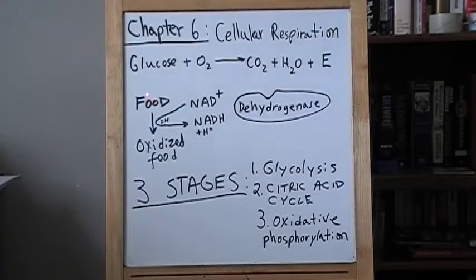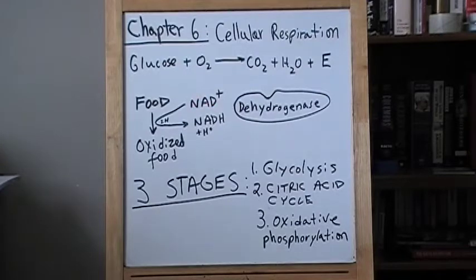So the loss of electrons from one substance is called oxidation, and the gain of those same electrons by another substance is called reduction. So the food is being oxidized and the electrons are added to a molecule called NAD+.